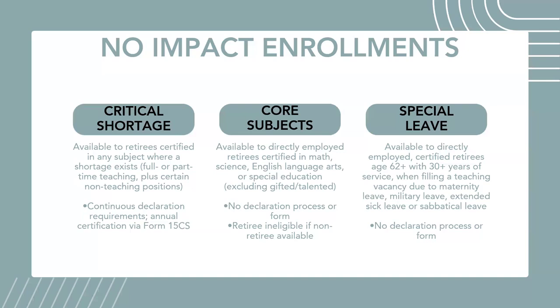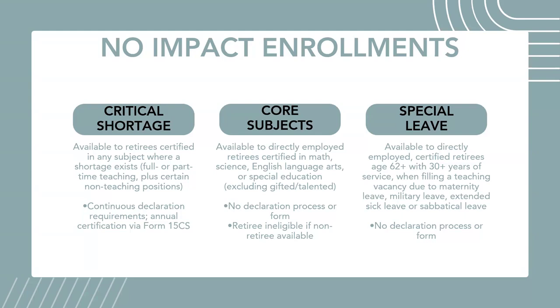And just to clarify, we're saying it makes them ineligible for the category, not ineligible for the position. You can choose to retain the individual in that position if you would like to, but it means that their benefit could be impacted in other ways. And quite frankly, if it's not critical shortage, it's probably going to be a suspension.